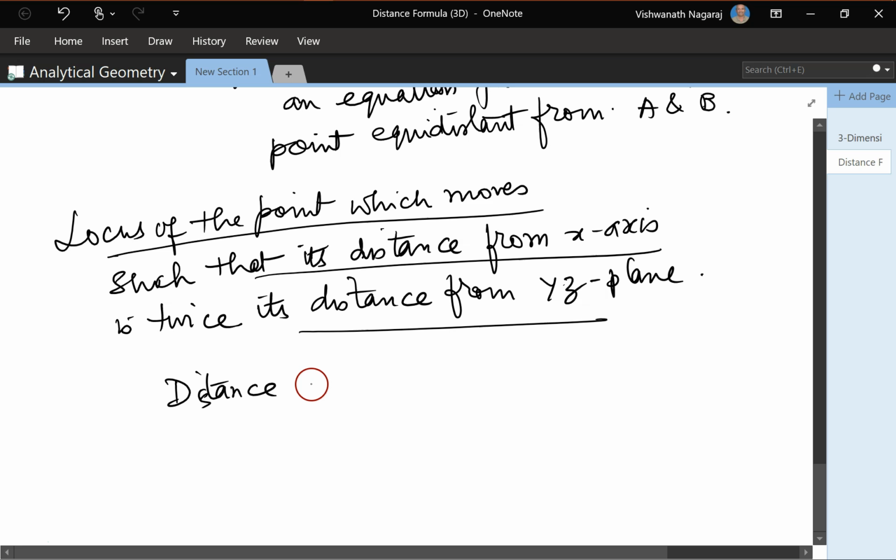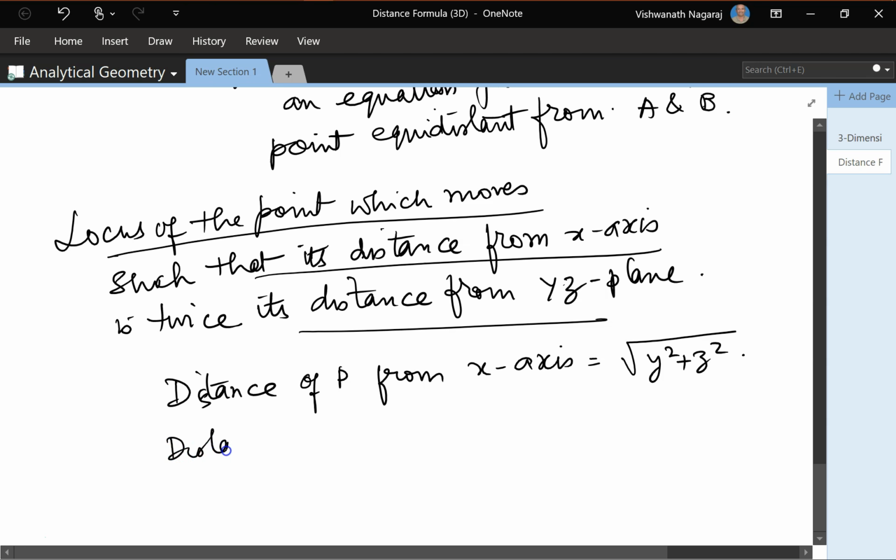Distance of P, let's say P is that point, a point on the locus. Distance of P from x-axis is going to be square root of y square plus z square. Distance of P from yz plane is nothing but x.